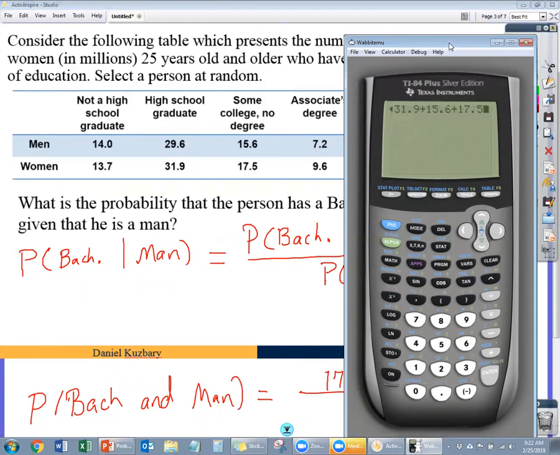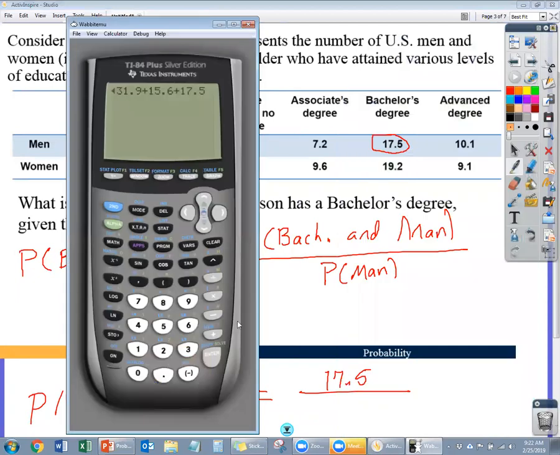This is the some college, no degree. This is the associate degree. This is the bachelor's degree. And this is the advanced degree.